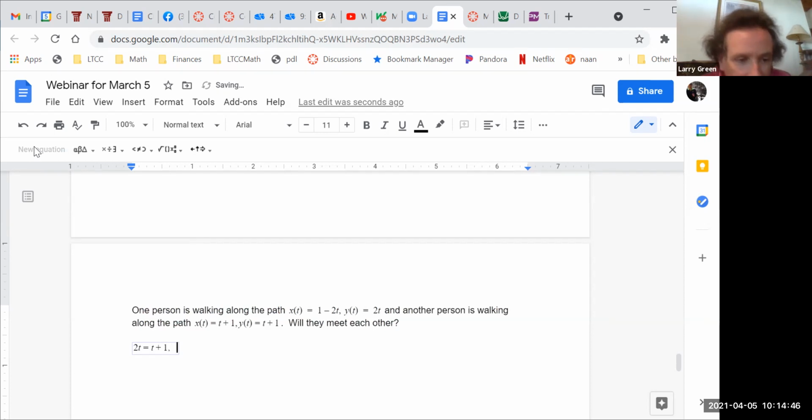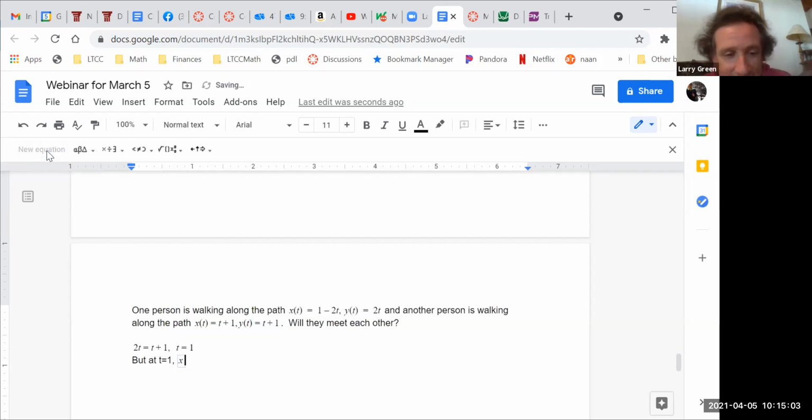Okay, and then just subtract t from both sides, you get t equals 1. Any questions on that? But at t equals 1, what are the x values?